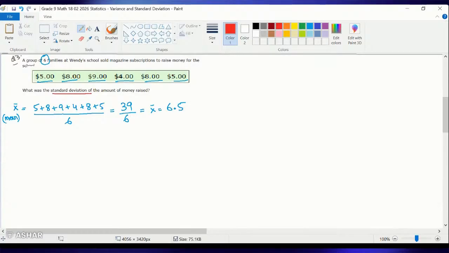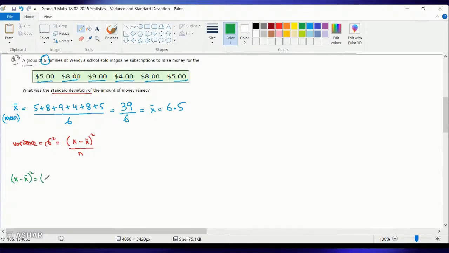So if we need to find the variance, variance is denoted by sigma square. That means the score minus the mean, divided by n. We can find x minus x bar squared over here.